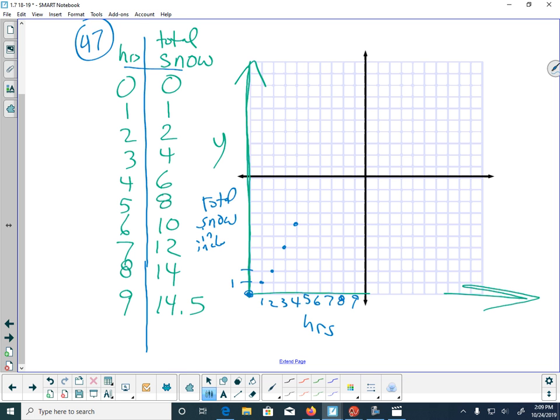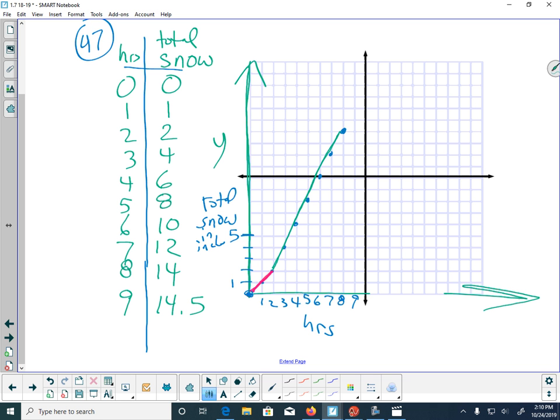All right, so this is 5 inches and so on. So how am I doing so far? Okay, and I gotta get all the way up to 14.5, which I think is right here. So far, I'm connecting, I got this piece here connected to this piece here. Would you agree with that?